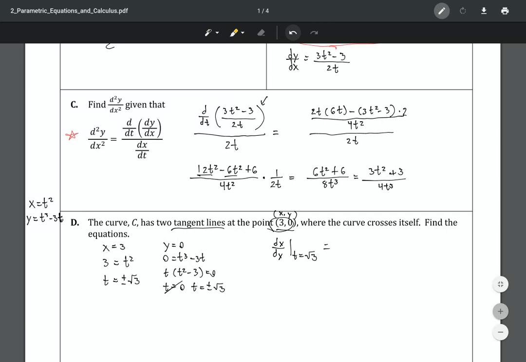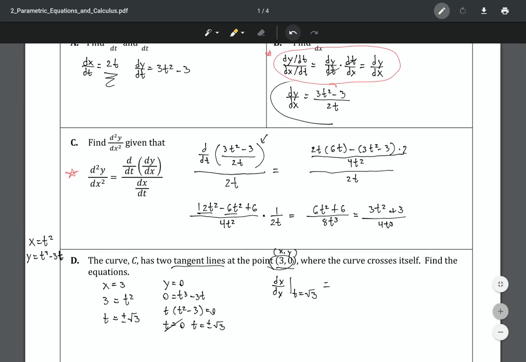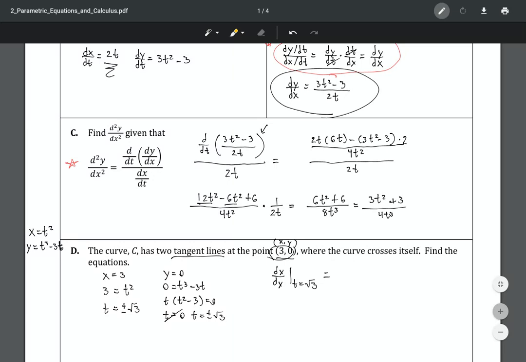So I'm going to use this right here that I found earlier to figure out the rest of this. So I have 3 times the square root of 3 times, squared, minus 3 over 2 square roots of 3. So this is going to be 6 over 2 square roots of 3.